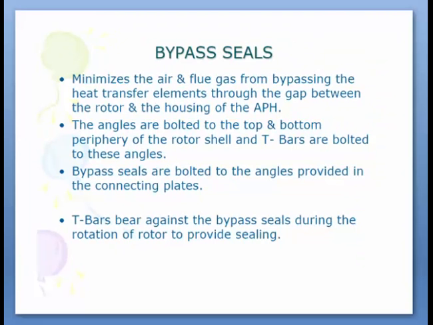The purpose of providing the bypass seal is to minimize the escaping of air and flue gas from the heat transfer elements through the gap between the rotor and the housing of the air preheater. The angles are bolted to the top and bottom periphery of the rotor shell, and T-bars are bolted to these angles.